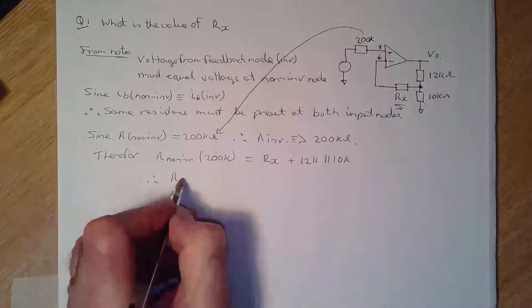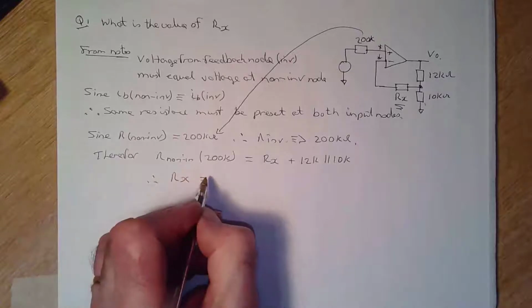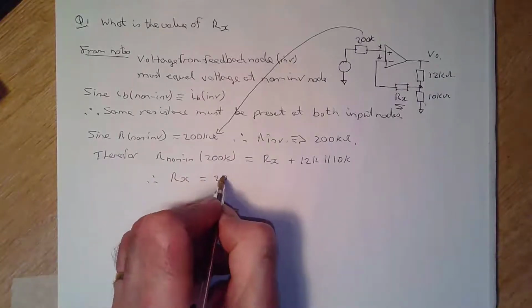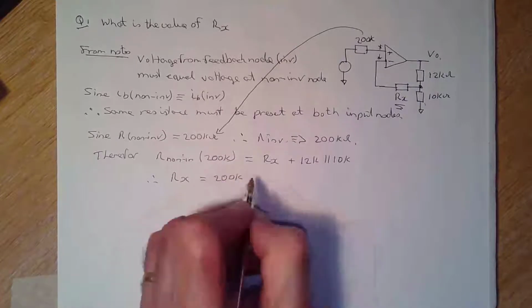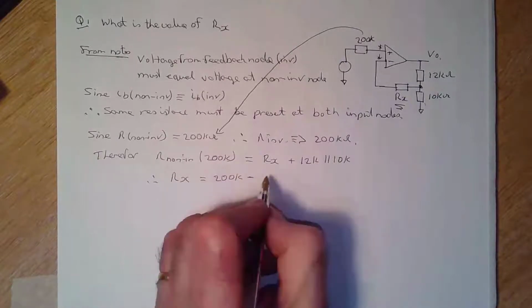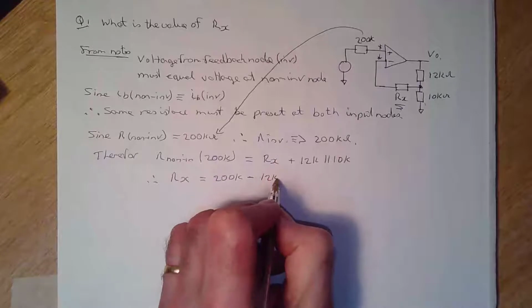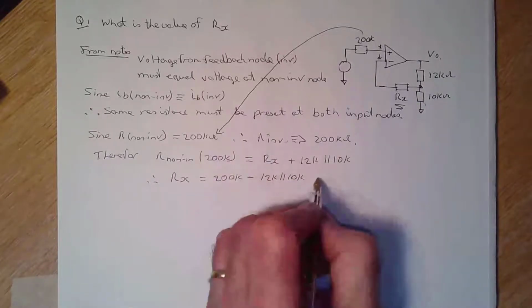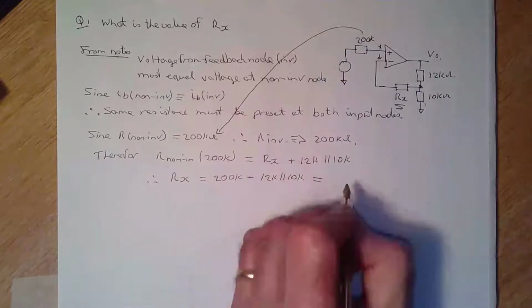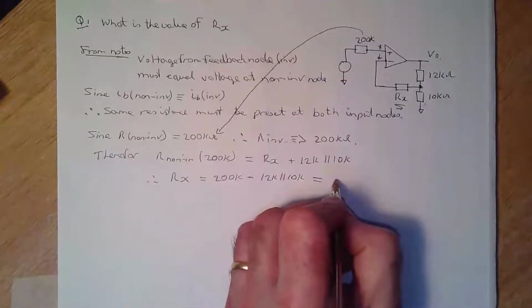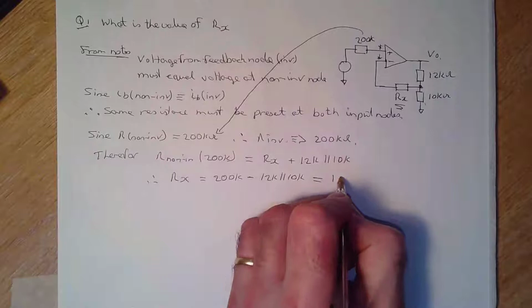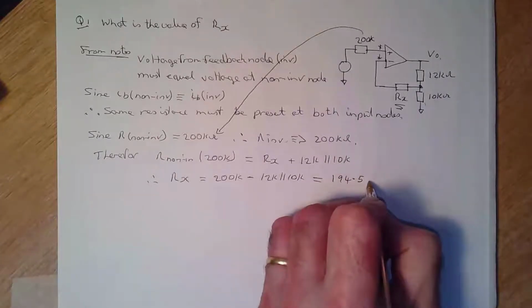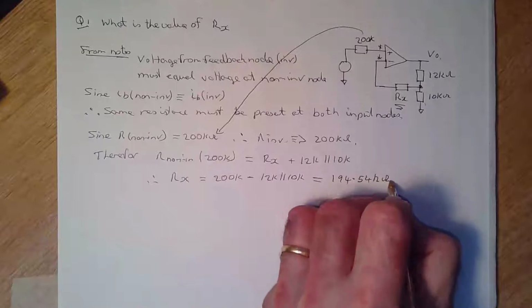Therefore Rx equals 200k minus 12k in parallel with 10k, which equals 5.45 k ohms, which means that Rx must equal 194.54 k ohms.